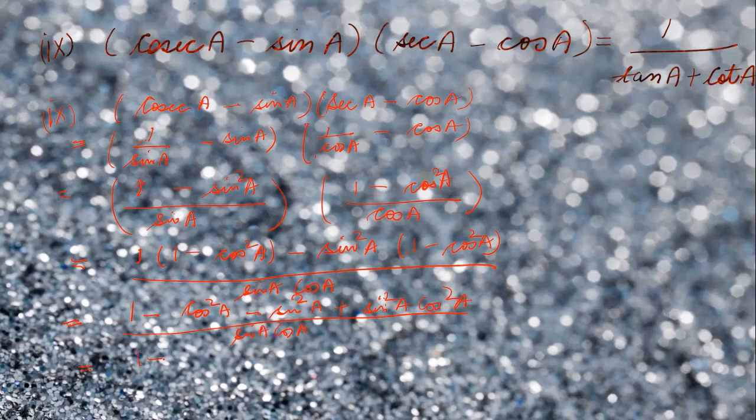Now you know 1 minus, here take minus common, cos square a plus sin square a. So sin square a plus cos square a is 1. So you can write it over 1, okay, by the first identity, plus sin square a cos square a. Now here it is plus 1 and divided by sin a cos a.